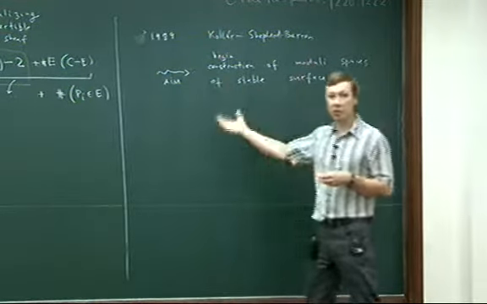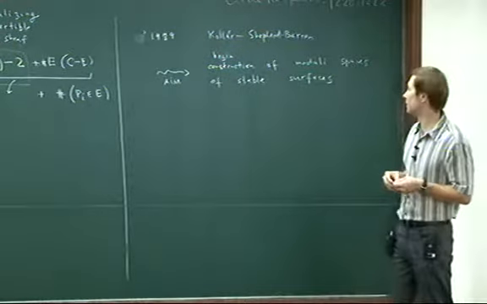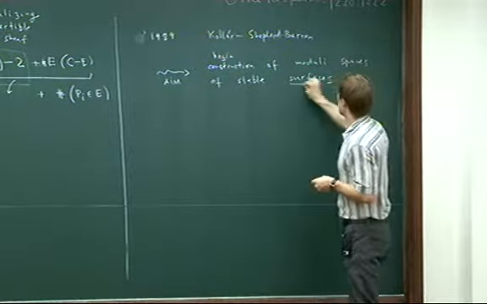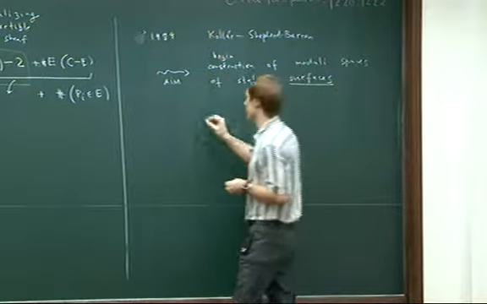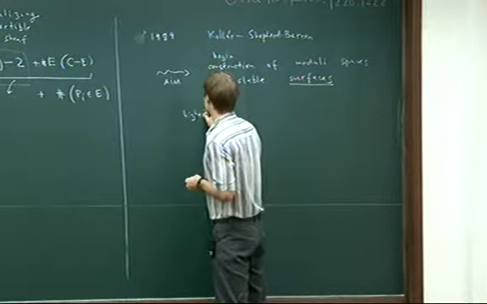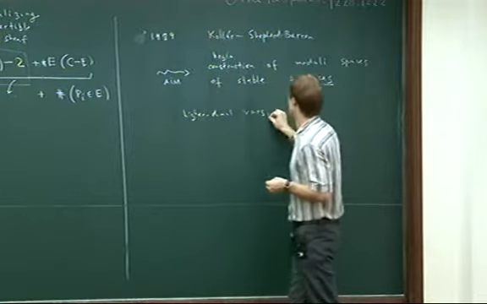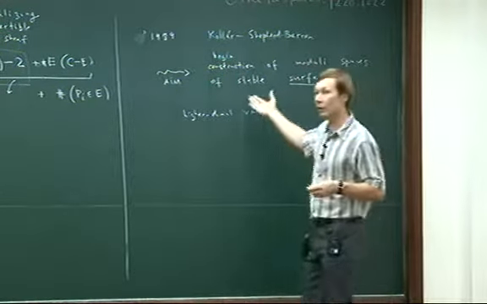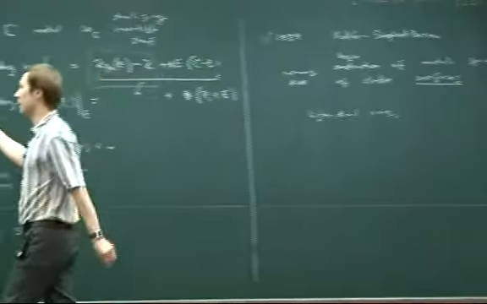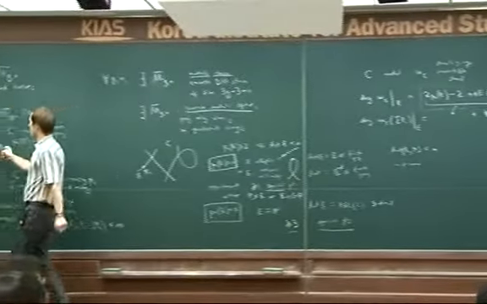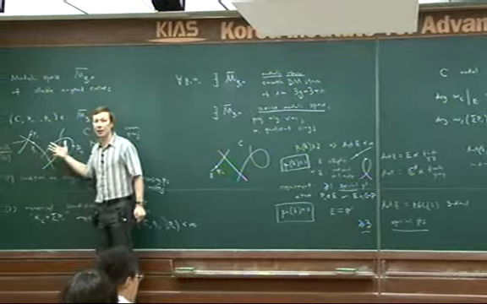And once you begin on this road, then you realize that you shouldn't stick with surfaces, but should look at higher dimensional varieties. And you should not look just at the varieties, but add something like a point.